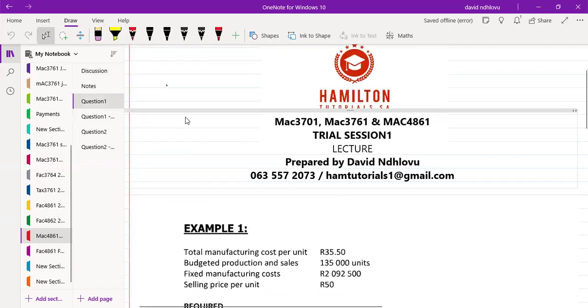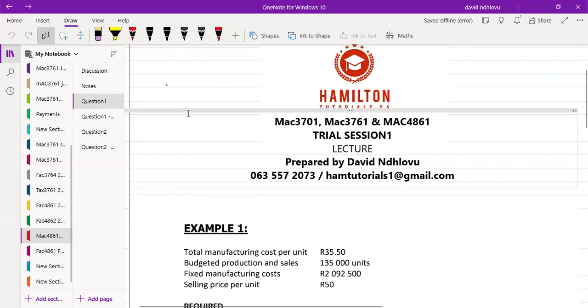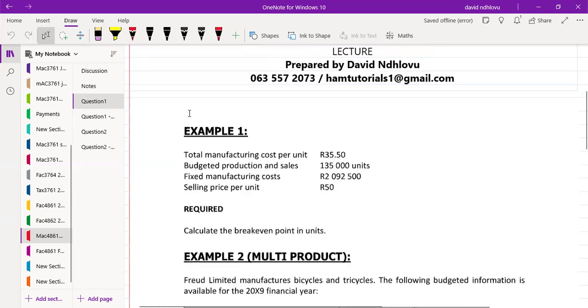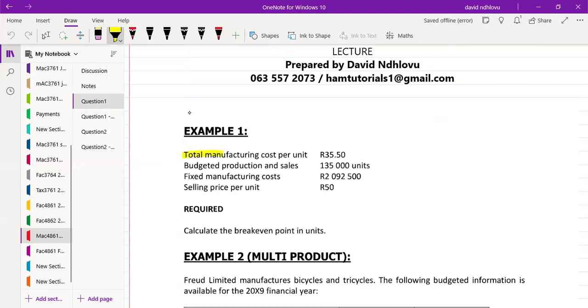All right, so I did send a document with these questions on the group, so you can actually view it from there. So we've got example number 1, a very simple example for a single product. Here is what the question says. The total manufacturing cost per unit is 35.5.